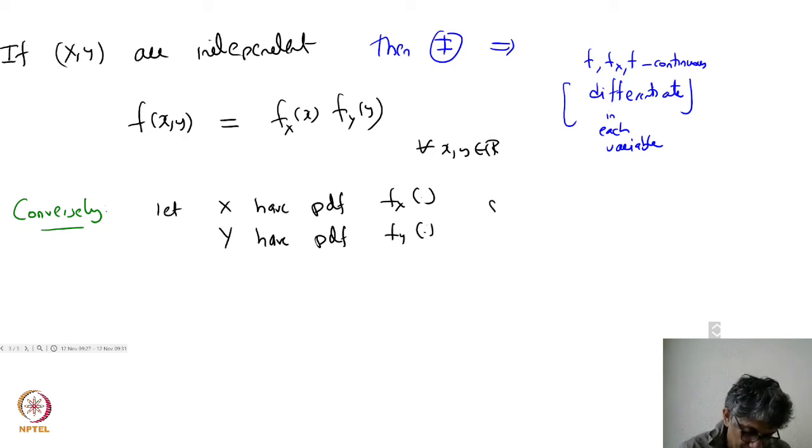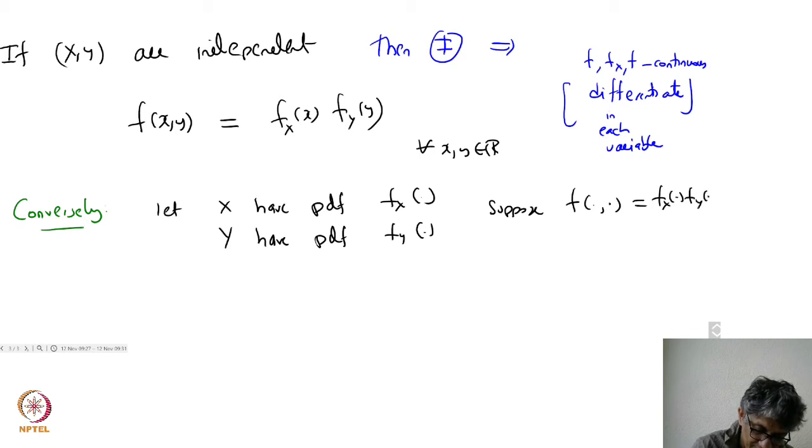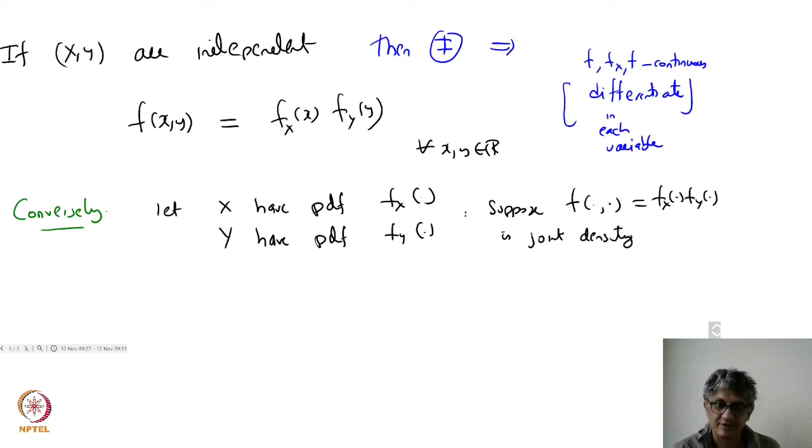And suppose the joint density function f of x, y is given by f sub x times f sub y. The joint density is given to be the product of the two marginal densities. Okay, suppose this is good.